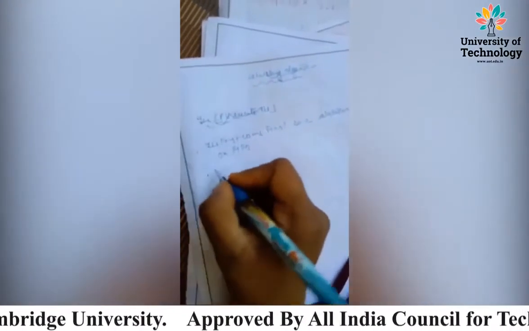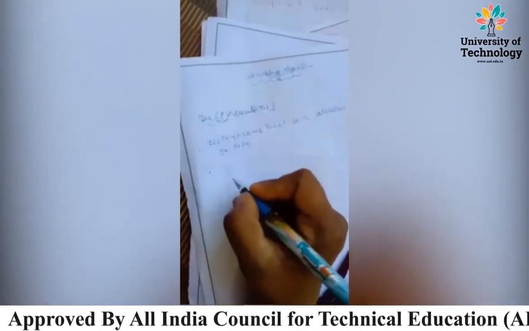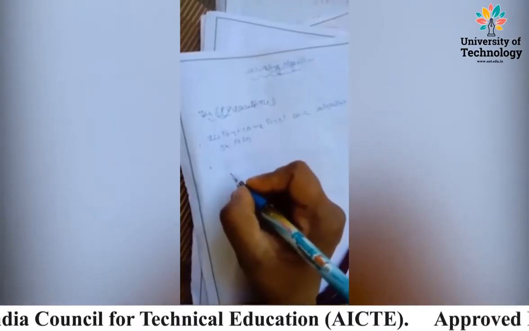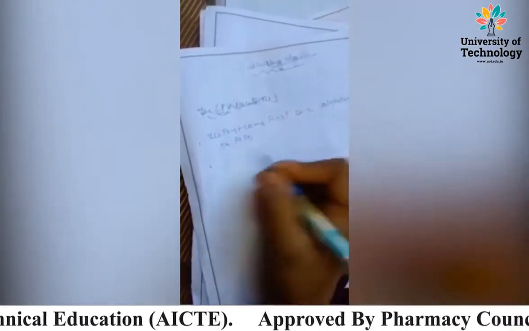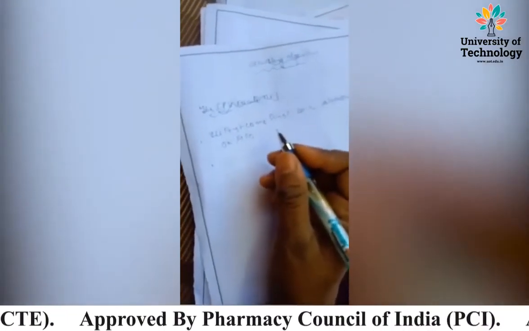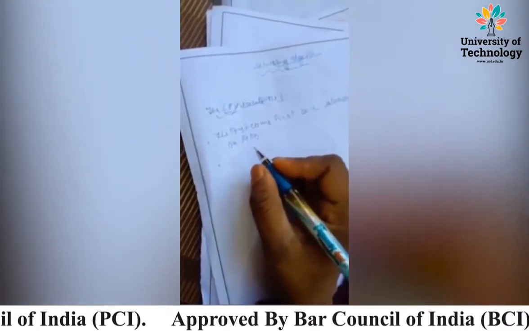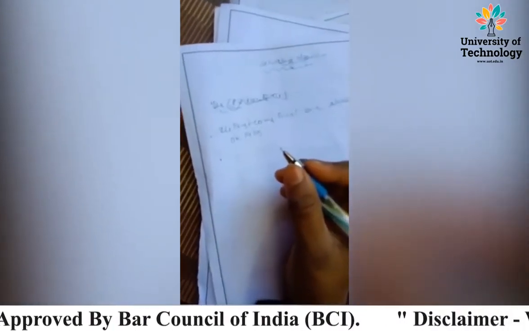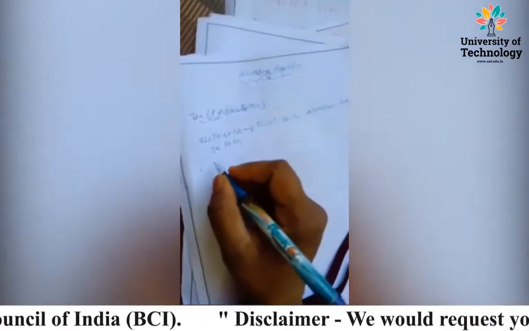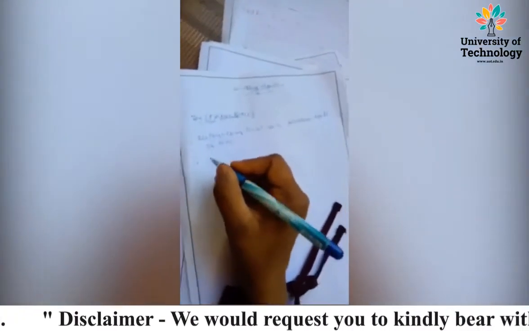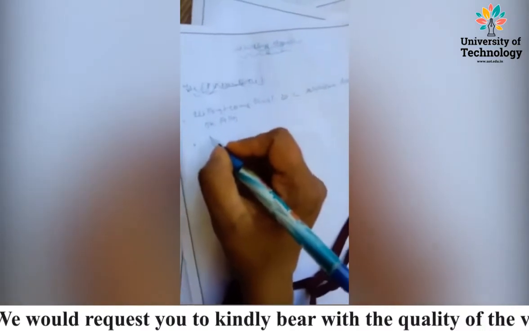Now, what is the nature of FCFS, that is, the first come first serve algorithm? What is the nature of that? Is it preemptive in nature? No, it's not preemptive. It's non-preemptive in nature.